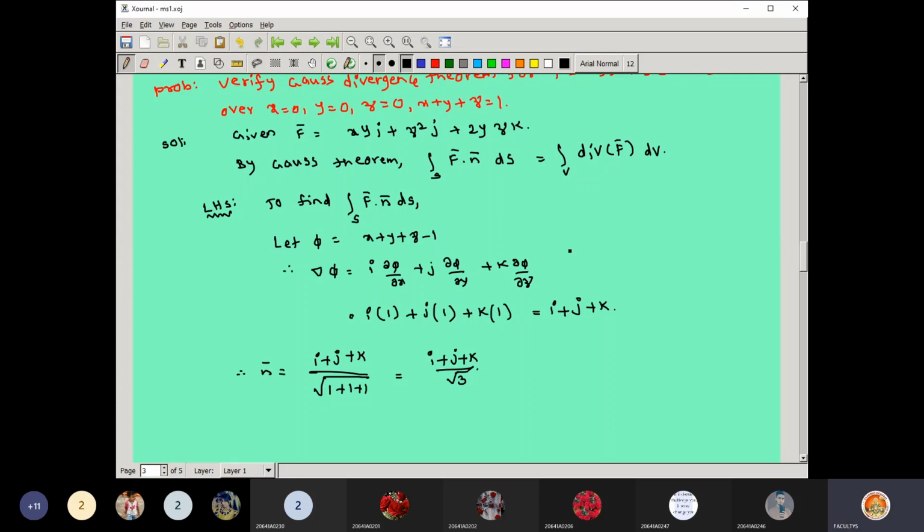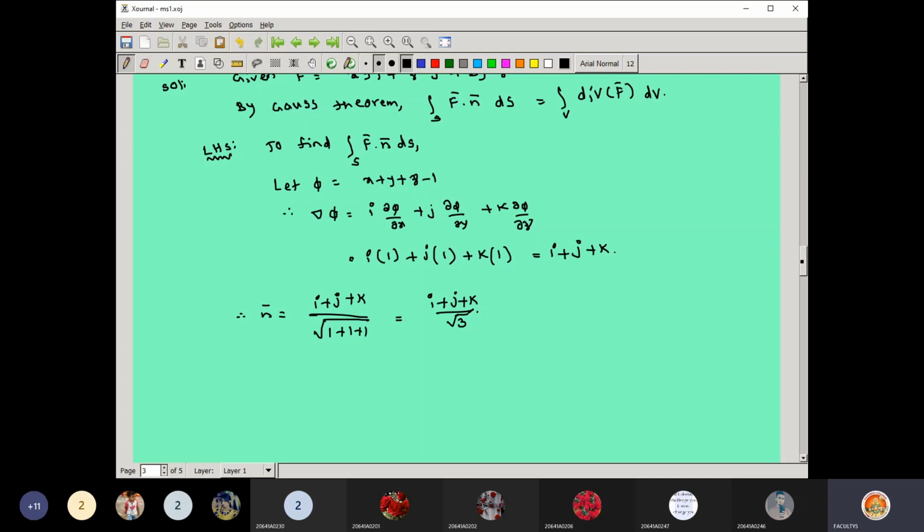After getting that, now you need to identify the plane you want to use. Suppose I'm going to use the xy plane, so I'm writing here the surface integral. The surface integral in the xy plane is given by the integral over S of f bar dot n bar dS.